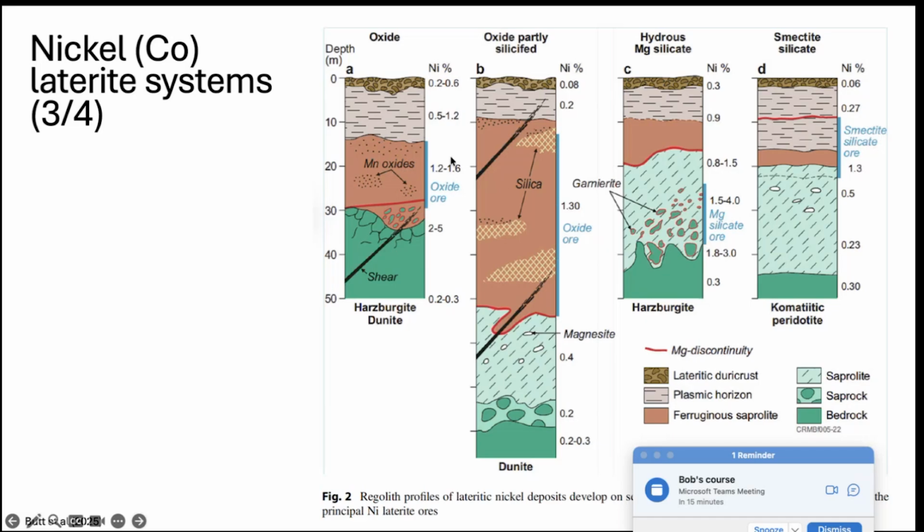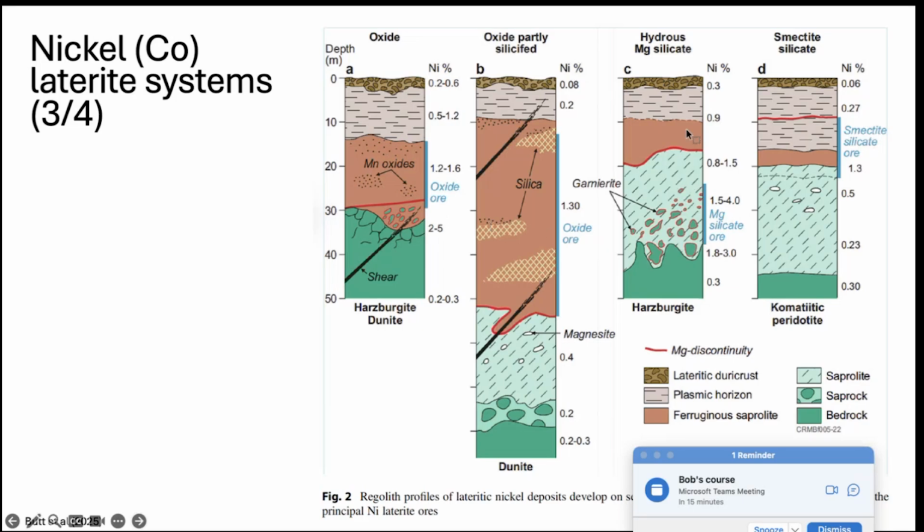And so you can see that in both cases, the ore is associated with iron and manganese oxides. And the underlying rocks are ultramafic rocks, harzburgites and dunites. And so it's the weathering of these ultramafic rocks, which are rich in nickel and cobalt, and that weathering produces enrichment within the oxide zone. And so that's what gets mined.